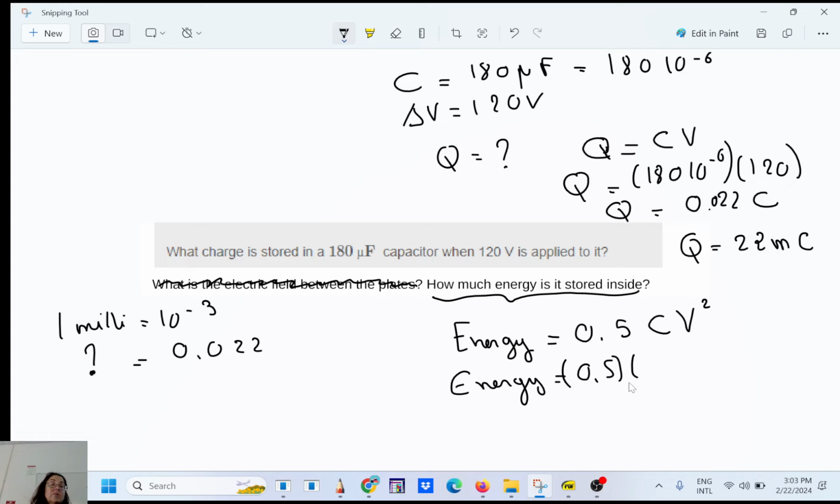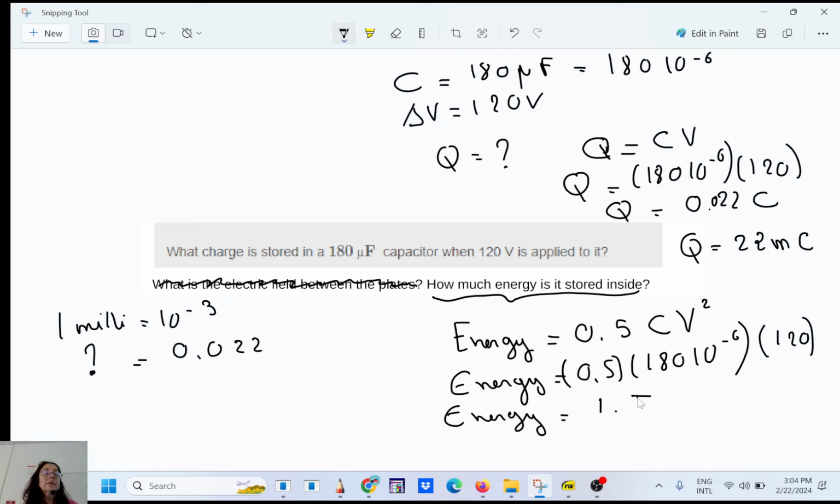So the energy stored inside the capacitor will be 0.5. You put parentheses with your TI, so C equals 180 times 10 to the negative 6. Another parenthesis, that will be 120. And you get 1.08.